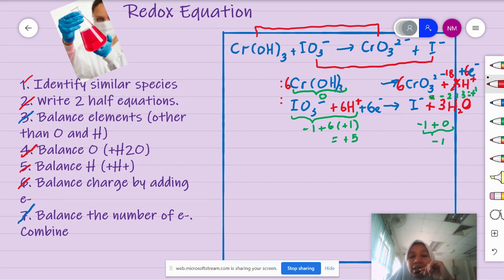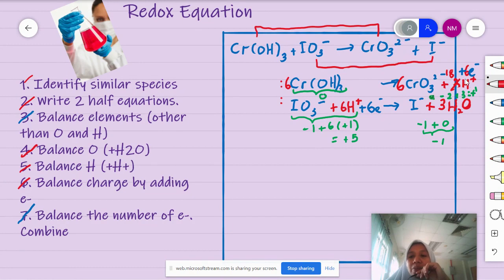And at this moment, we can also identify which half equation is oxidation and which half equation is reduction. Now, for the first one, the electrons are on the other side. That means electrons are released.